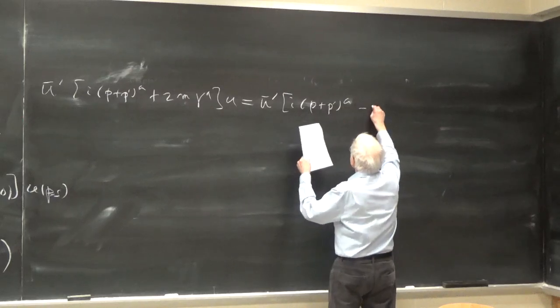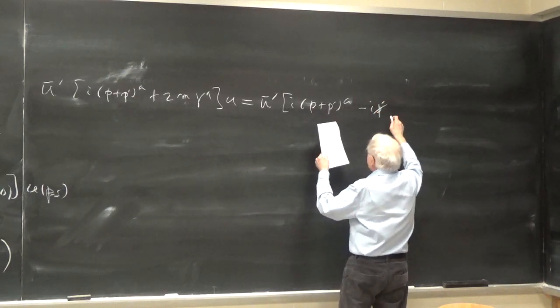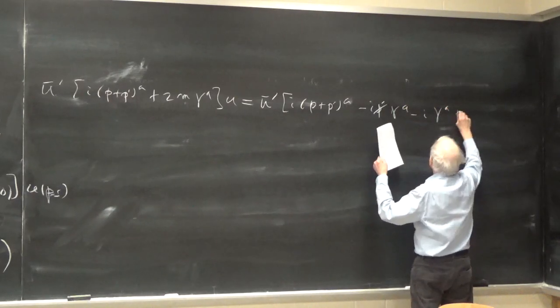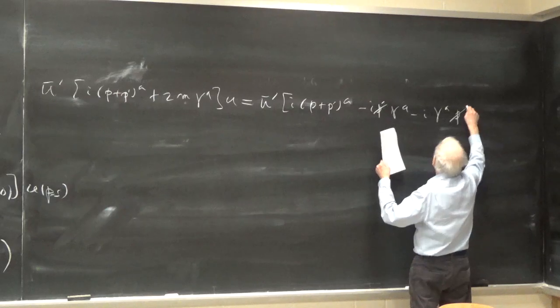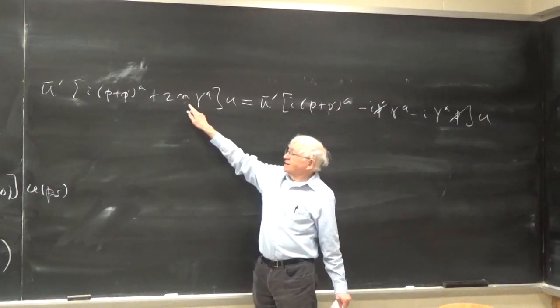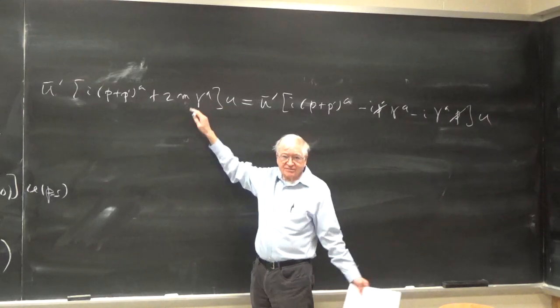So this gives us minus i P′-slash γ^A minus i γ^A P-slash. Notice that we can put the m on either side of γ^A because it's just a number.